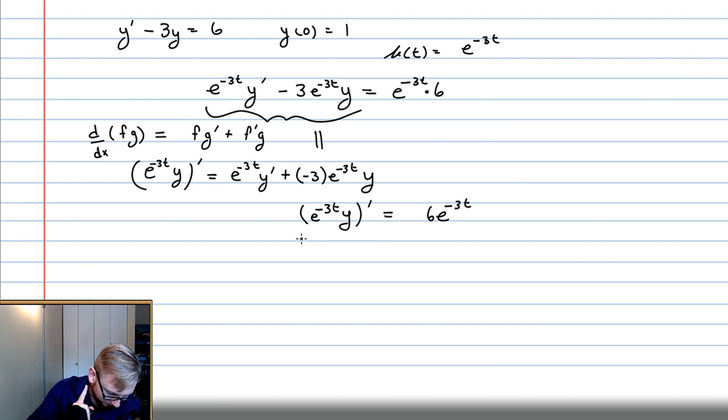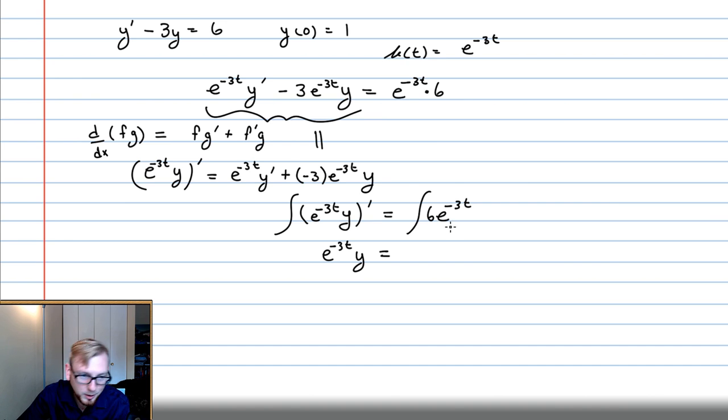Okay, so what do we have now? Well, if we integrate this, we'll have e to the negative 3t y, because we're just going to integrate both sides. Right? Okay. Then, well, what's the integral of the right side? Well, you divide by negative 3, so I'll write it over here for those that don't know integrals that well.